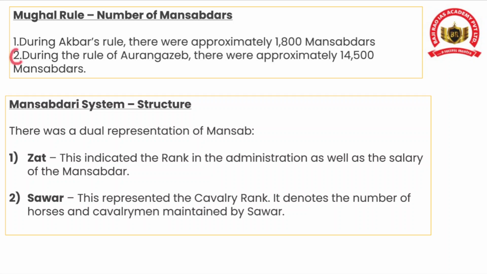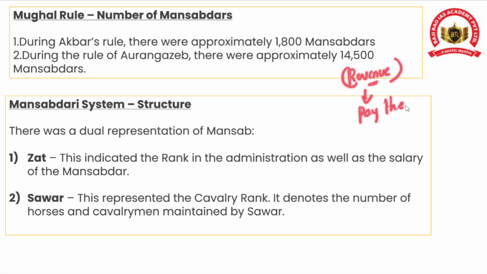Such a huge increase is one factor which led to the fall of the Mansabdari system under Aurangzeb. Because there were so many Mansabdars, the revenue collected was not sufficient to pay them salaries.